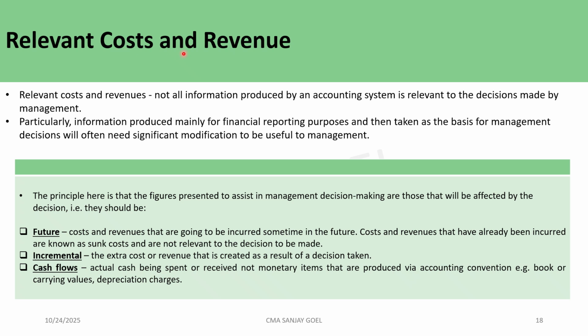What is relevant cost and revenue? Not all information produced by an accounting system is relevant to the decisions made by management. If a manager takes a decision, all the information provided in the accounting system is not relevant.